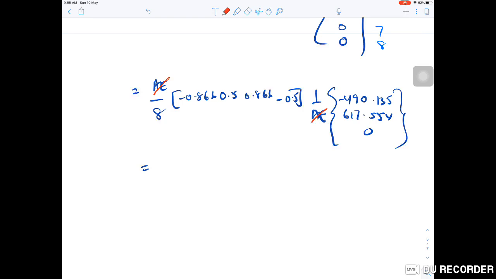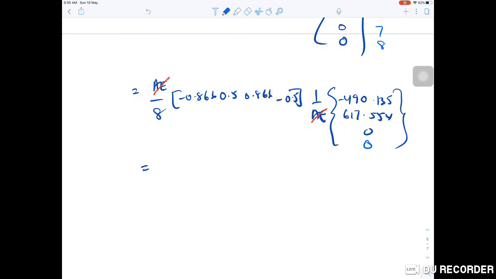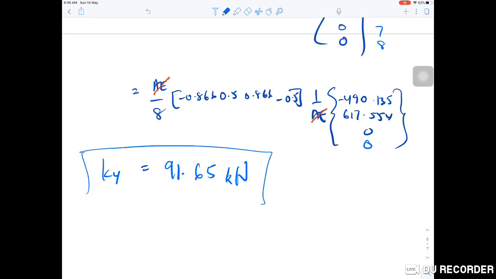The value here is also 0. Okay, so the value we divide by 8, so we get K. So K4 is 91.65 kilonewton. So this is how we determine the member force using the structure stiffness method.